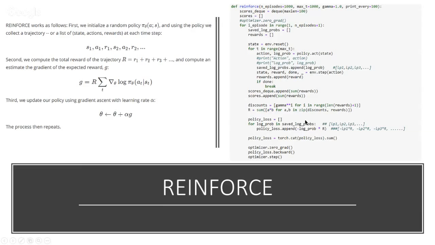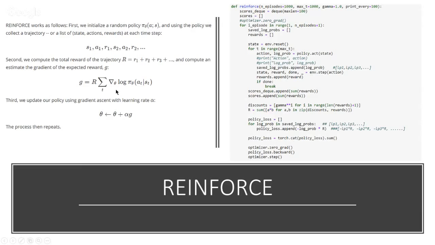So minus of log probability times r, and then we take the sum of all those. We don't see a minus sign, but we are using a minus sign here because we want to do a gradient ascent, not a gradient descent. So once we get this, this is the function without the gradient.